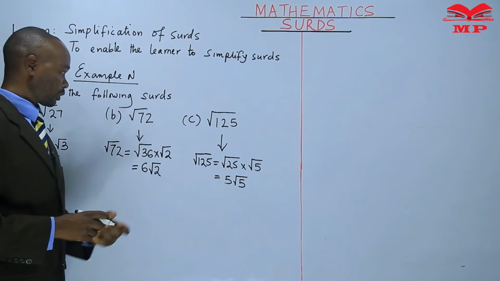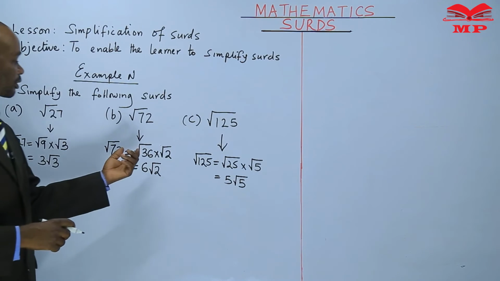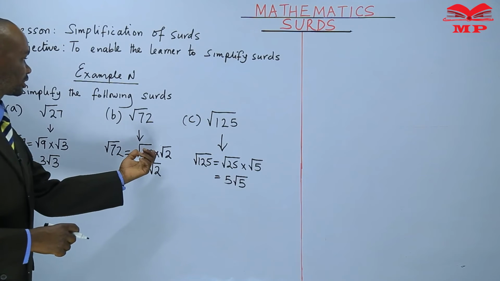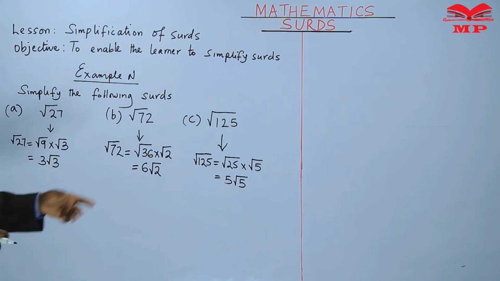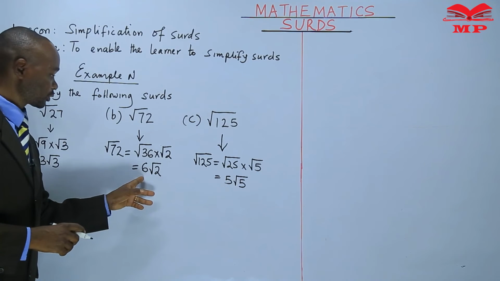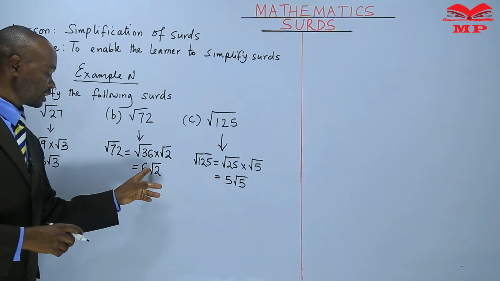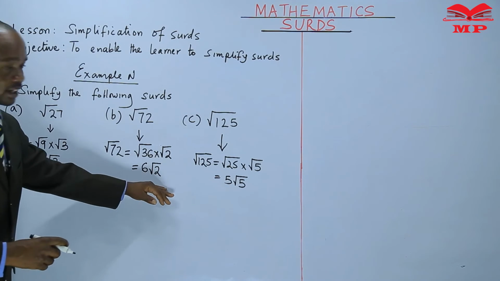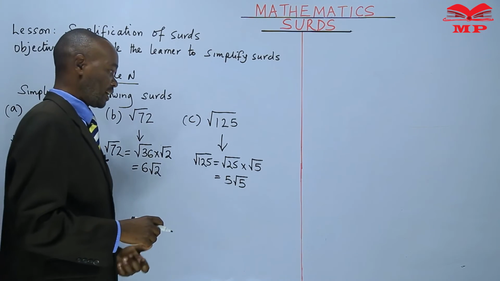We move to square root of 72. We can pull out 36 times square root of 2. But 36 has a perfect root. That's why we have 6 there, and 2 remains as square root of 2 to qualify the simplification as a surd.